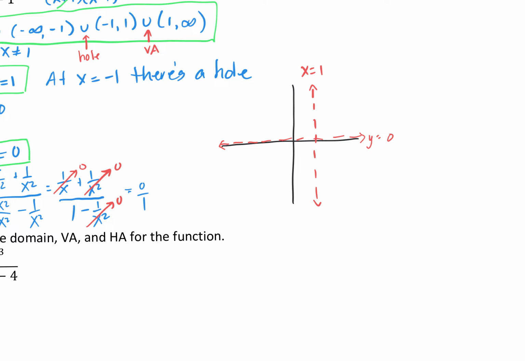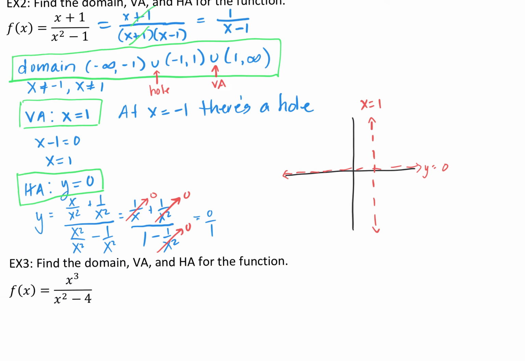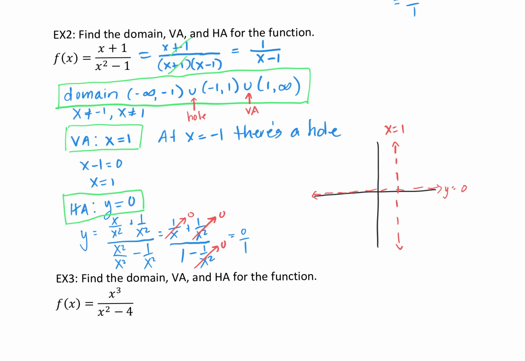And then we also have a hole. We have a hole when x is equal to negative 1. So if we put x equal to negative 1 into our reduced function, we'll have 1 over negative 1 minus 1, which would be equal to negative 1/2. So there's going to be a hole at the point x is equal to -1, y is equal to -1/2.